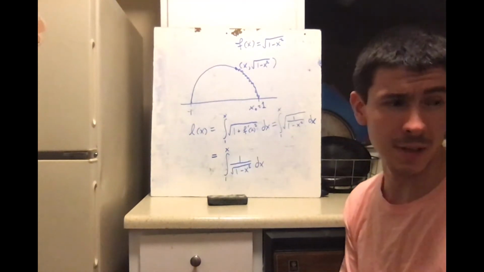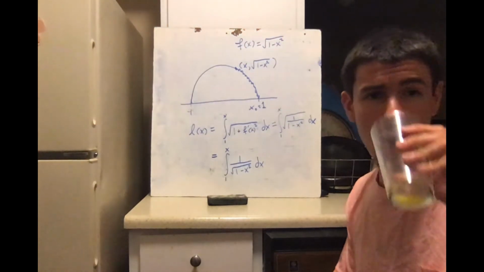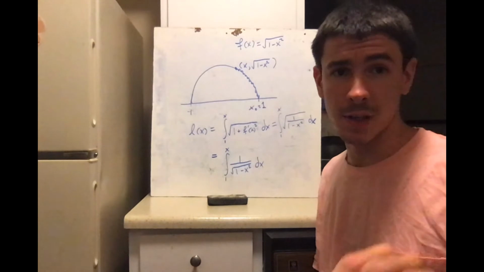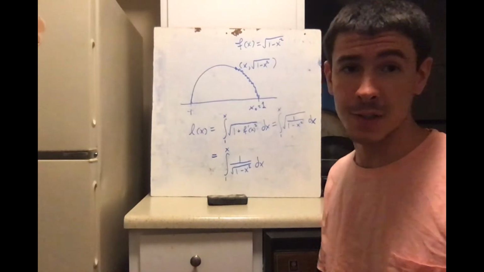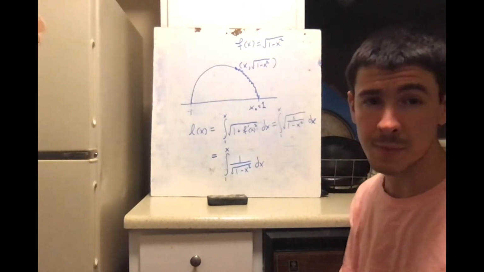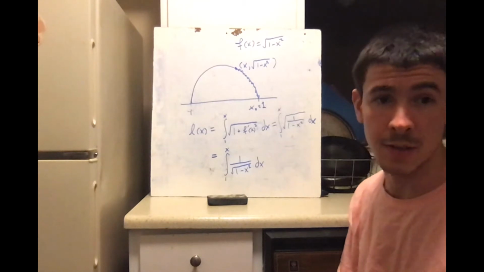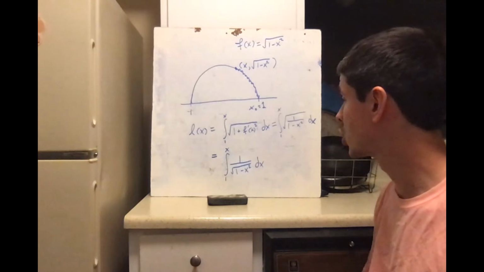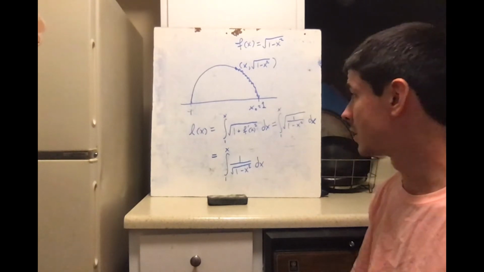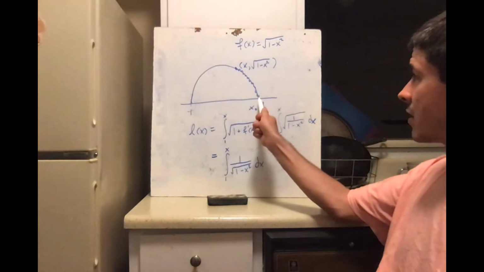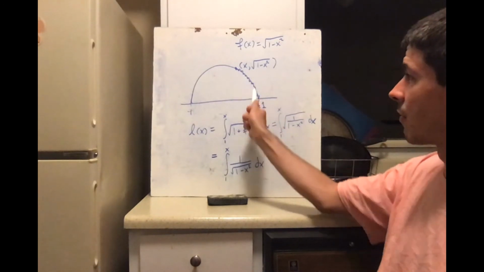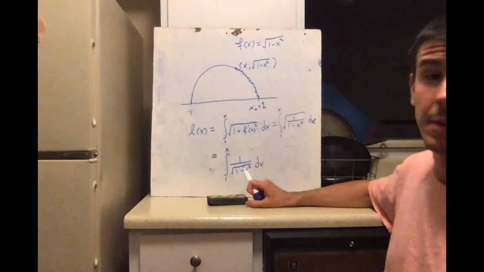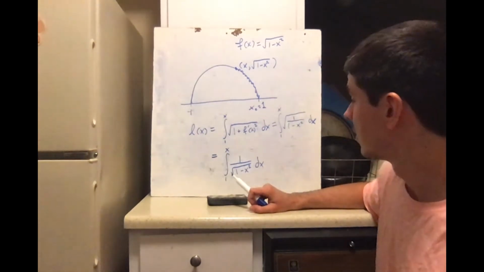But remember, the arc length is supposed to be the angle, right? The angle is supposed to be the arc length of the unit circle. And of course, the x coordinate of a point on the unit circle is cosine of theta. And so this length along here from x0 equals 1, this should just be theta, right?